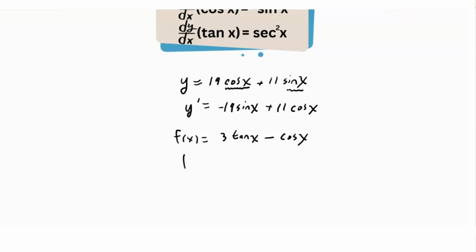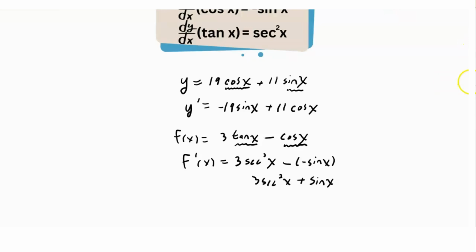We would say f prime x is equal to the derivative of tangent is secant squared, and we have the constant multiple rule, so this would be 3 secant squared x, minus the derivative of cosine x, which is negative sine x. So we would get 3 secant squared x, and we have a minus times a minus, so plus sine x.